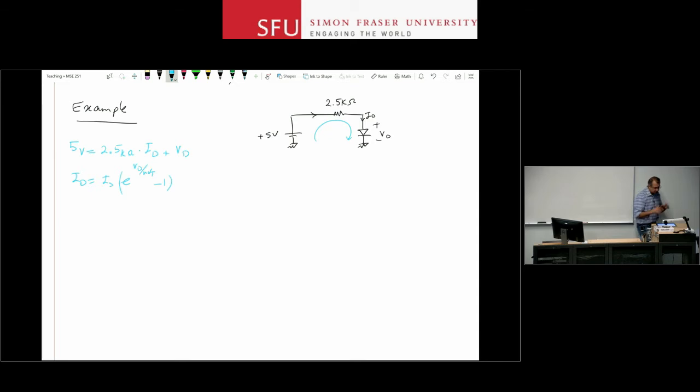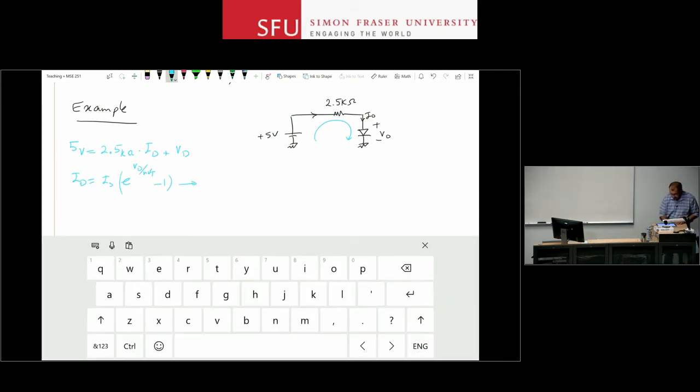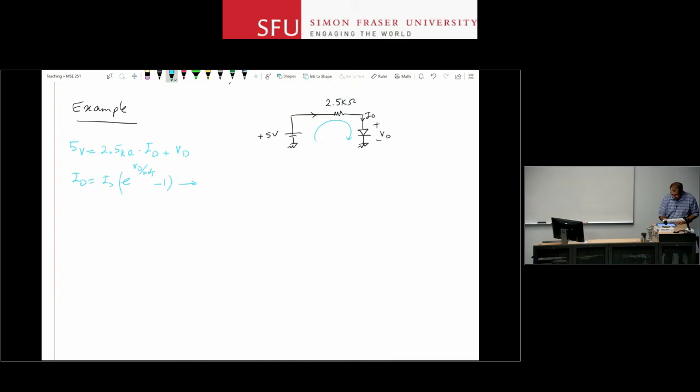Now, because I know the diode is on, let me get rid of this one in this expression and either get rid of it here or just use this alternative equation. Okay, so I have two equations, one from this line and one from KVL, one from the device properties, one from KVL. The question is, how do I solve this?